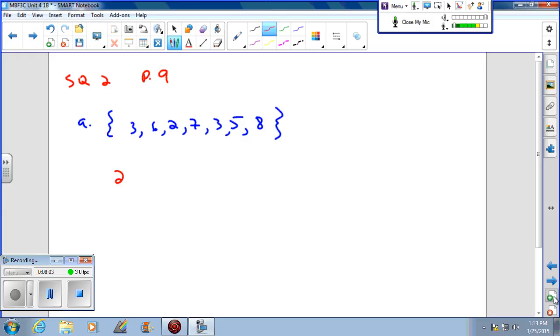The smallest number is 2, then the next one's 3, and then there's another 3. There's no 4, but we do have a 5, a 6, a 7, and an 8. There we are. That's our data sorted. Let's just check: 1, 2, 3, 4, 5, 6, 7. 1, 2, 3, 4, 5, 6, 7.